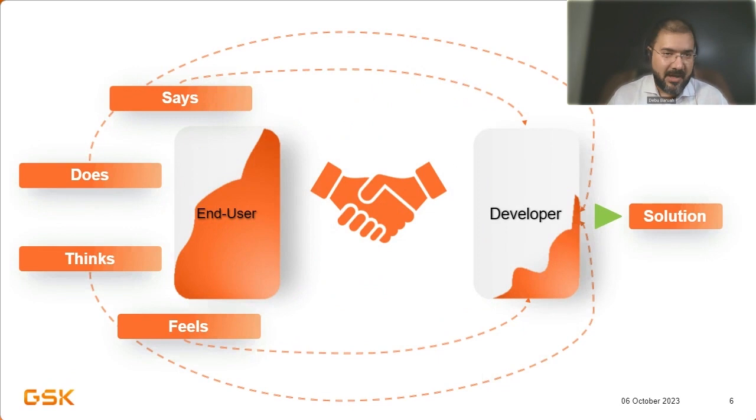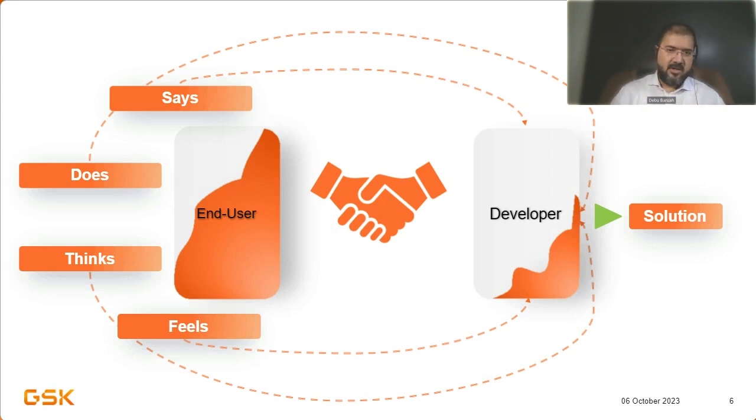Okay, more complexity. Now, what the end user says, does, thinks and feels, and what the developer or programmer understands and develops as the solution. I call it the golden handshake, but it's a very difficult journey.